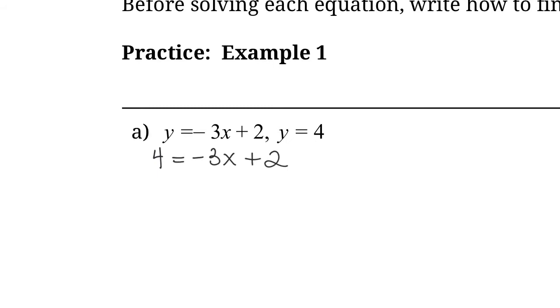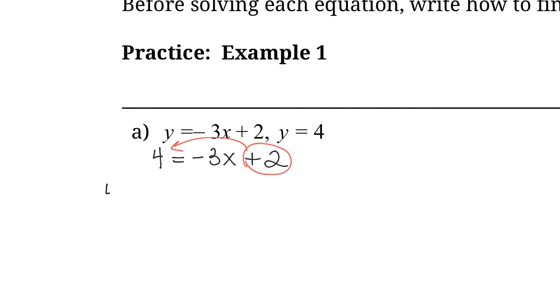So now by filling the value of 4 in the place of y, I only have one variable left, which is x. And I can go ahead and use my tools of solving equations to solve for the value of x. So the first thing we want to do is check for any like terms. And I do see that I have a positive 2 here, which I'm going to bring over to the left-hand side of the equation.